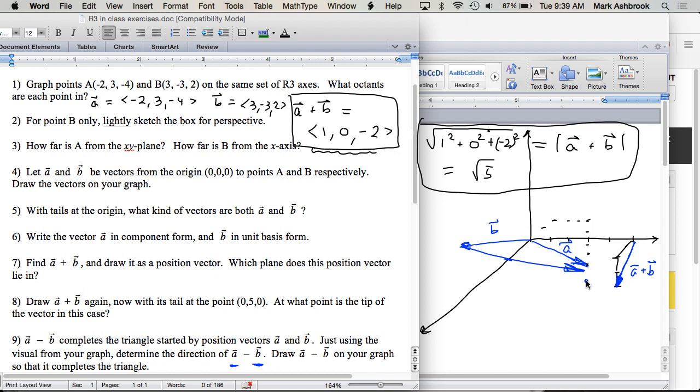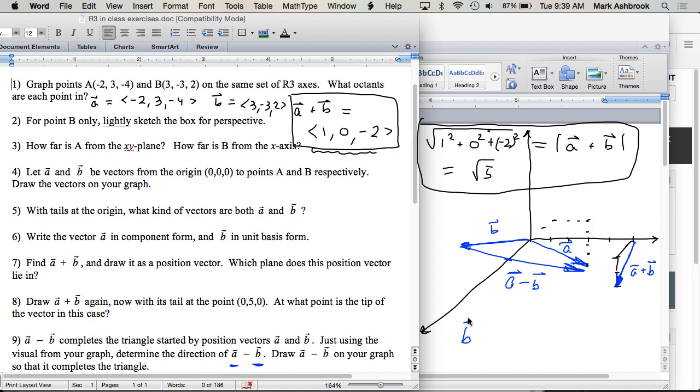Then if this is A minus B, make this triangle into a sum problem to check. What addition problem would it be? Would it be B plus (A minus B) equals A, or A plus (A minus B) equals B? Our first vector would go here, then we go tip to tail, and then we go here.